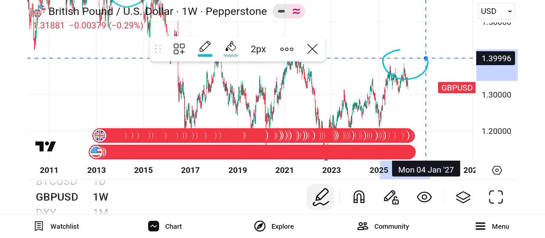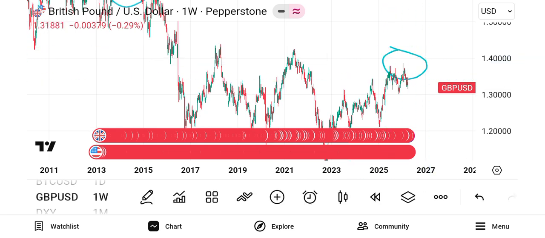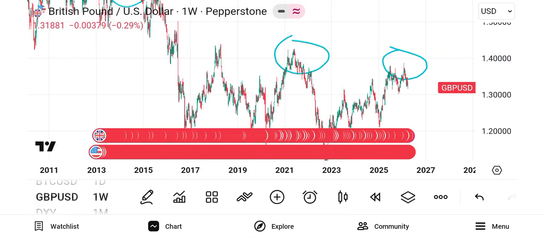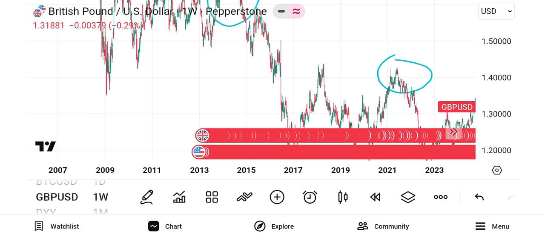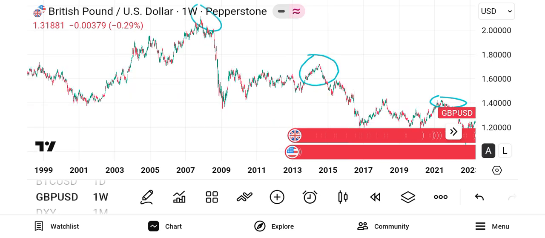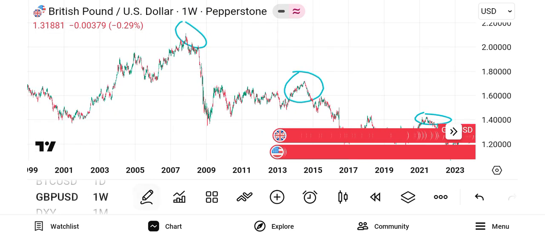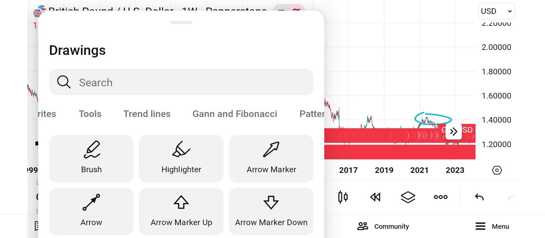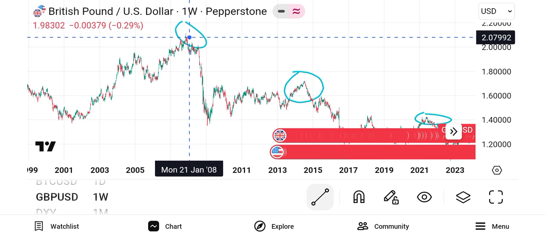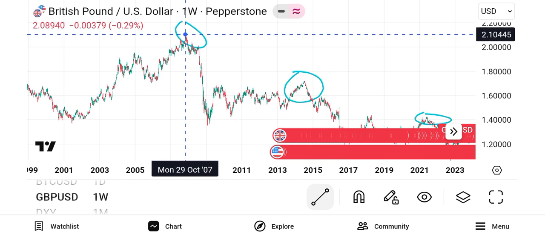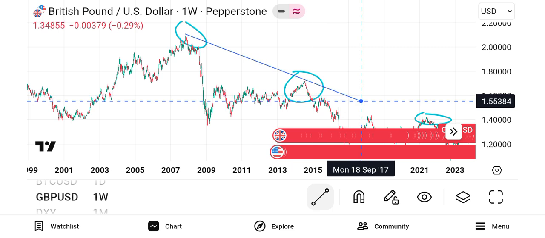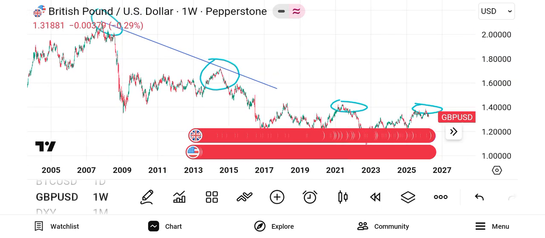Here is a peak, and also here we have a peak too. Yeah, so we go to the trend line tool, pick it, and draw it, connecting where price was initially to where price is currently at.